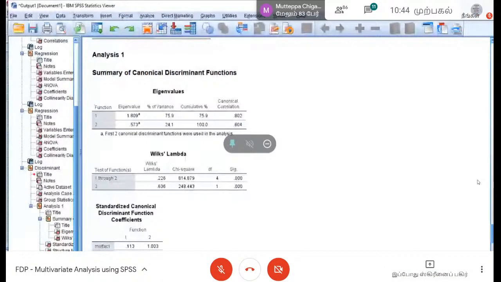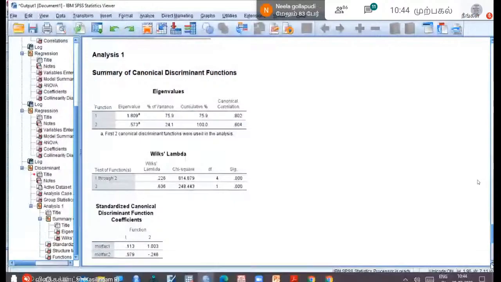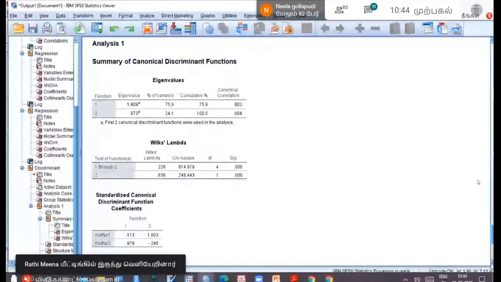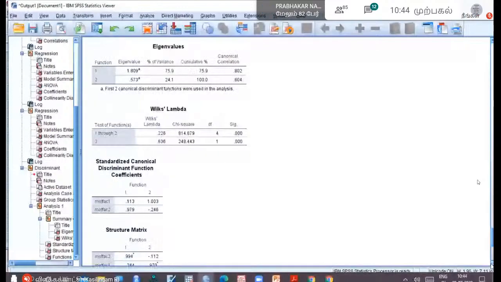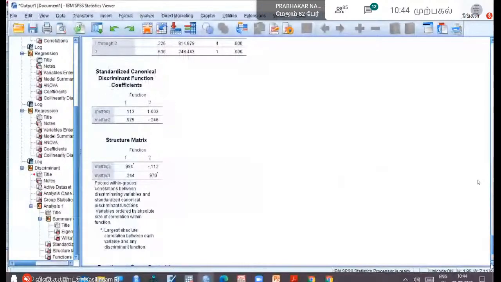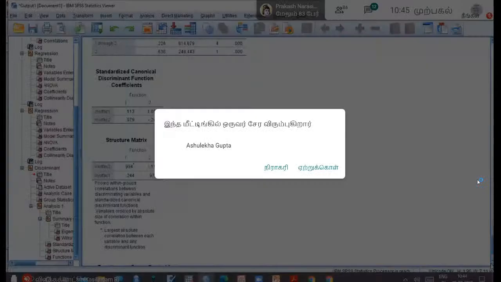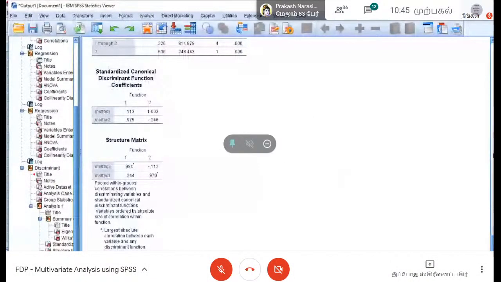Let us understand the output: eigenvalue output, Wilks' lambda output, standardized canonical discriminant function output, structure matrix output and the centroid output. These are the minimum outputs.